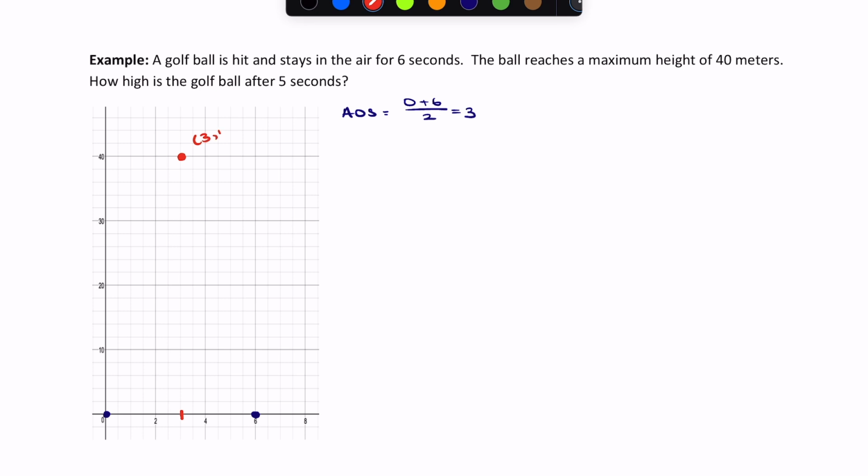So here we'll have a couple of let statements. We'll let h represent the height of the ball in meters, and we'll let t represent time in seconds.